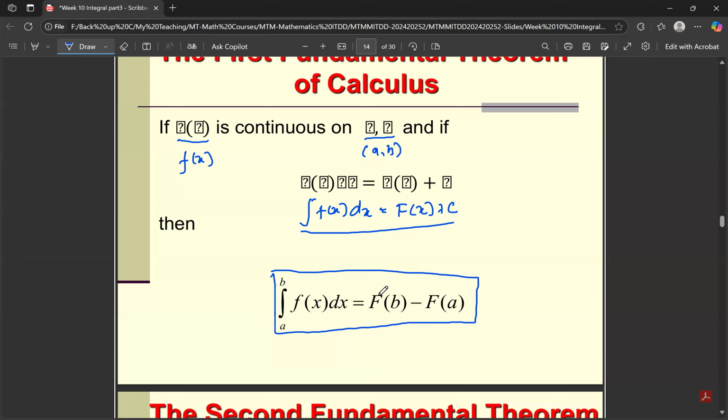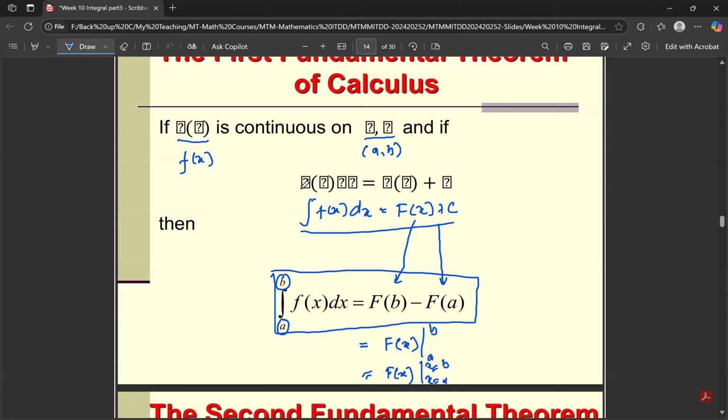After we know this antiderivative, the definite integral can be written like this. We evaluate the antiderivative at b, and then we also evaluate the antiderivative at the lower limit. Sometimes in some books they use this symbol, from a to b, or another symbol, F(x) from a to F(x) from b.